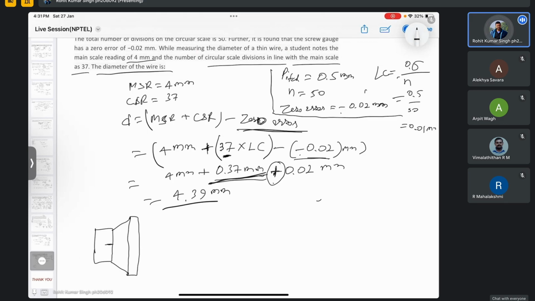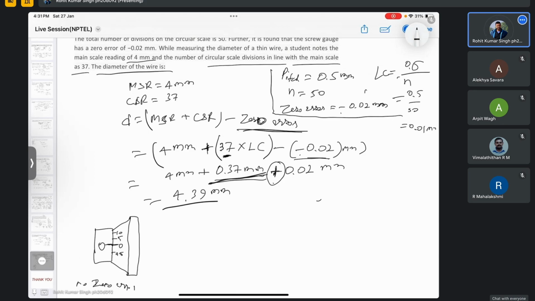Suppose this is the main scale here, 0. Okay, and this is the circular scale. 0 is coinciding, then you have 5, 10, and here you have 45, and so on. If it is coinciding, this is zero, no zero error, right?